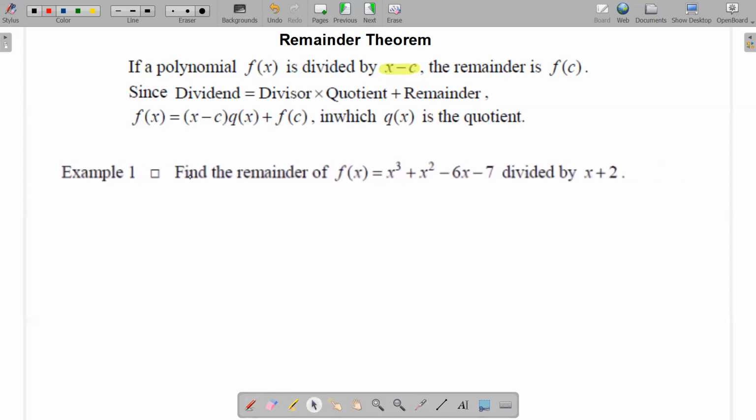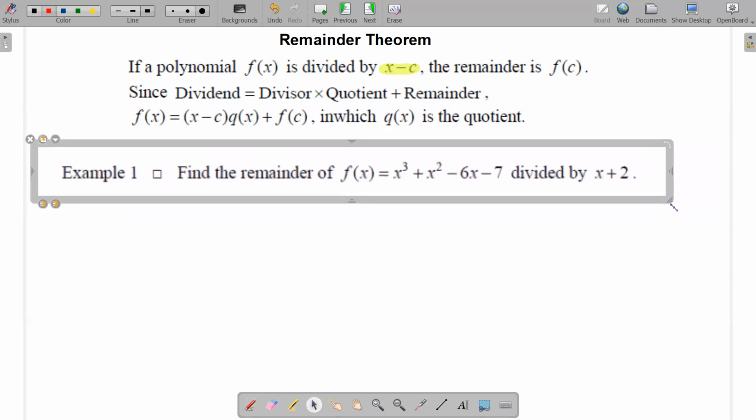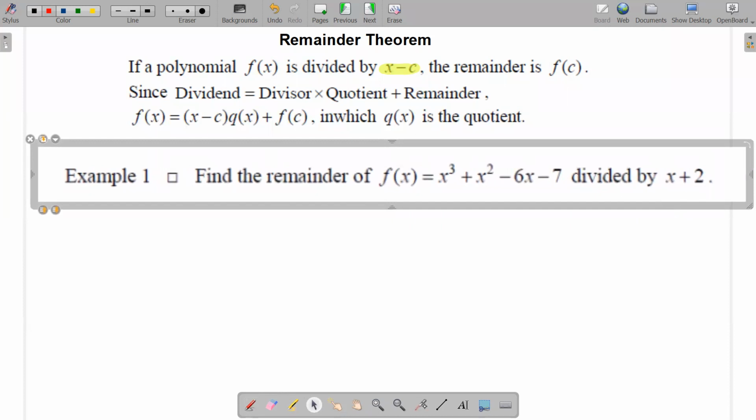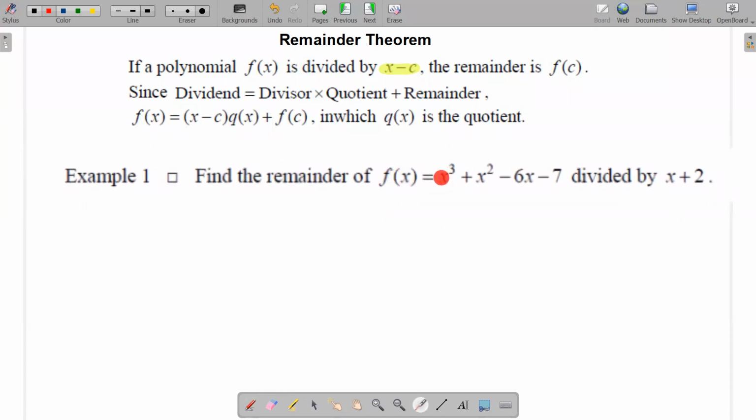Here we have a question that asks, find the remainder of the function f of x equals x to the power 3 plus x to the power 2 minus 6x minus 7 divided by x plus 2. Since they're asking about the remainder and they're talking about division, we might think that we need to do long division.